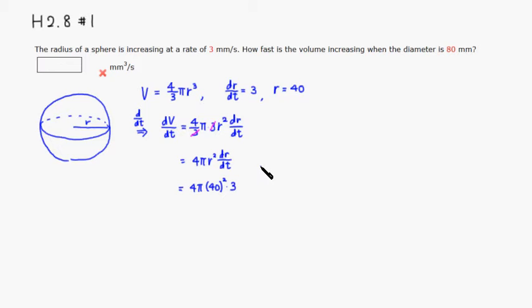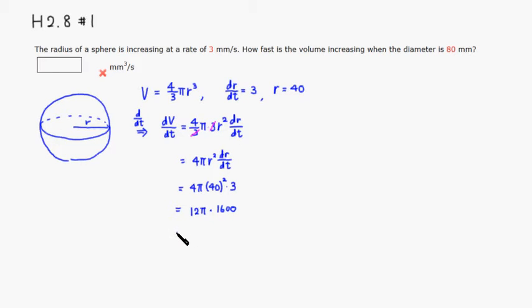Alright, so this is going to be equal to, let's see, I'm going to just multiply 3 and 4 pi, so it's 12 pi times 40 times 40. So 4 times 4 is 16, and you're going to have 2 zeros.